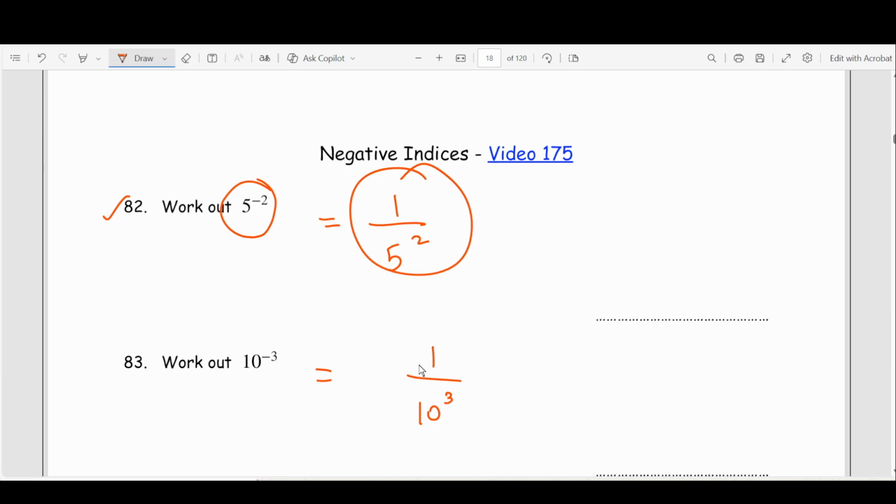Positive 3. Yes. Okay. Tell me this, 1 over 5 raised to power 2. Okay. 3, let's say. So this in negative power will become like this, right? If we remove 1 from the numerator, the power will become negative.